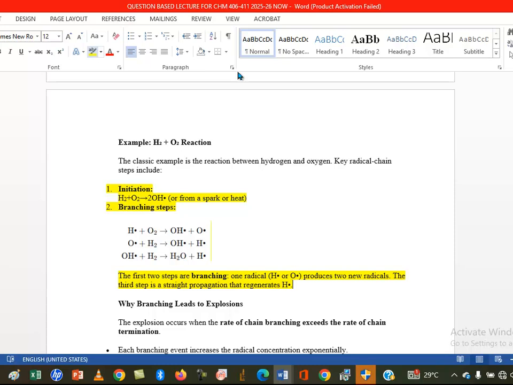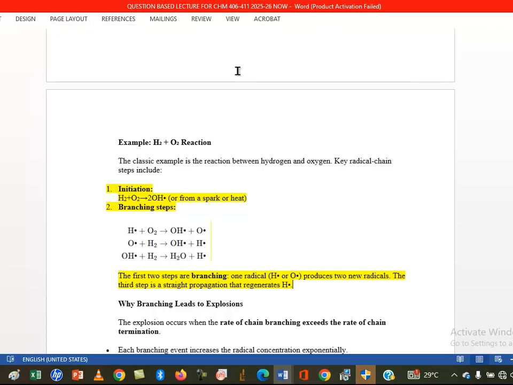The explosion occurs when the rate of chain branching exceeds the rate of chain termination. Remember chain branching, you're having one radical producing several radicals, as you can see up here. Here you see one radical producing two radicals, one radical producing two radicals in the first two steps. So that is what leads to an explosion.